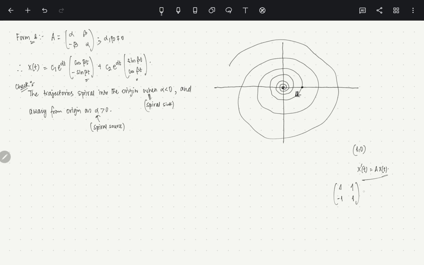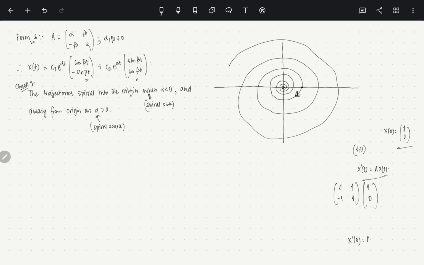Now I want to see what this matrix does to the point (1, 0). Let's say I start my particle at the point (1, 0), so x of 0 equals (1, 0). In that case, I can see what x prime of 0 is.